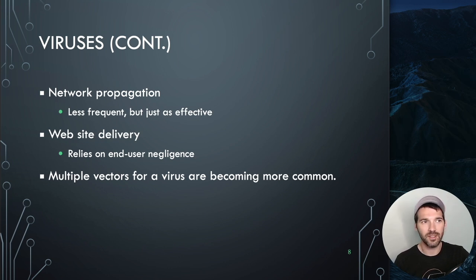Another is to actually swap out valid executables with malicious ones. So occasionally you'll hear this too, where someone's downloaded Winamp or some open source tool, right? Like Nmap. We did the Nmap lab. You can download that tool from nmap.org.